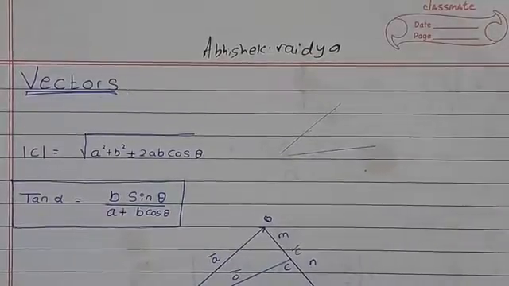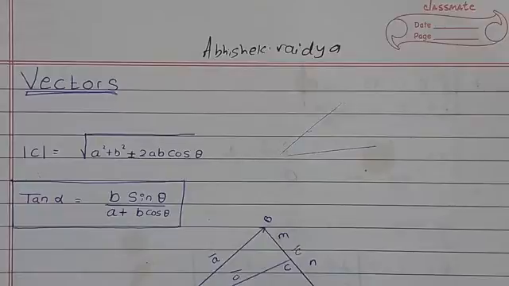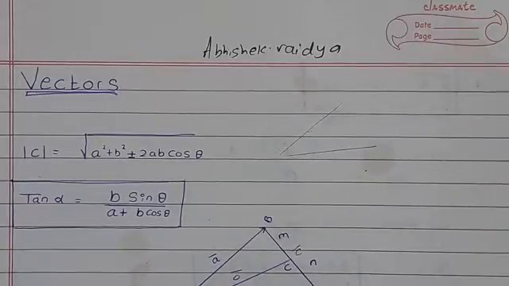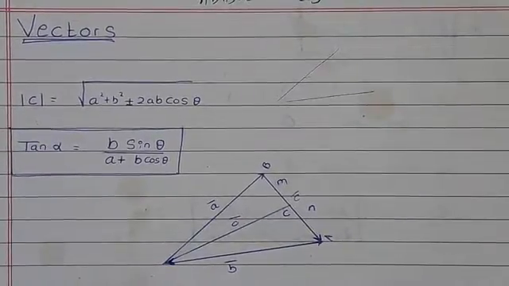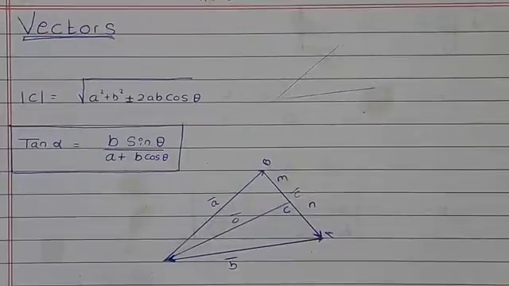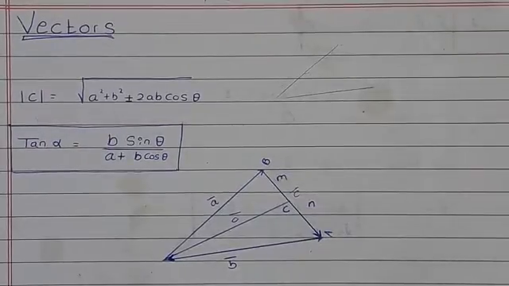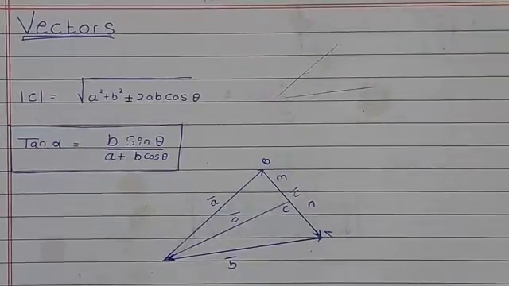And now here I'm going to talk about a very basic topic of science, or I must say a very basic topic of physics. That is vectors. Oh yes, the vectors. And please mark my words. These are vectorial physics, and not vectorial maths.